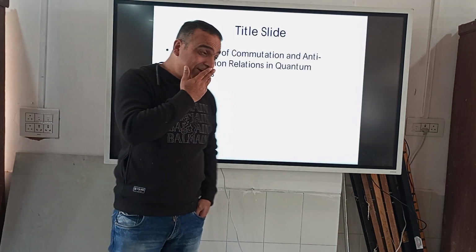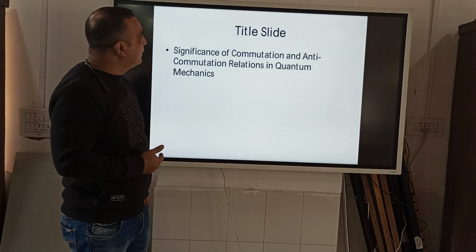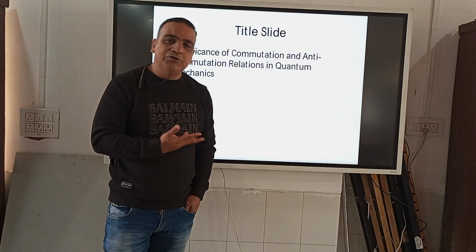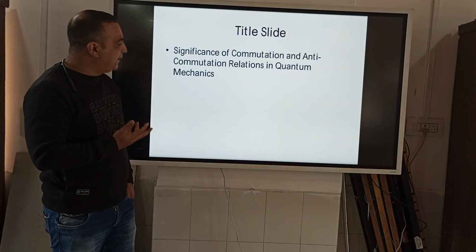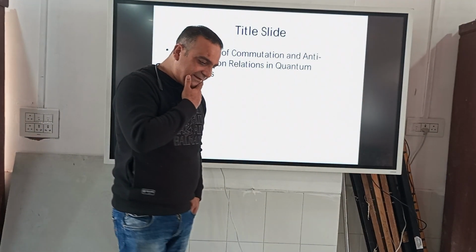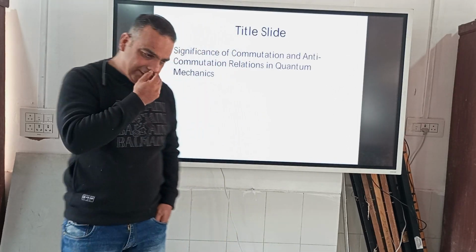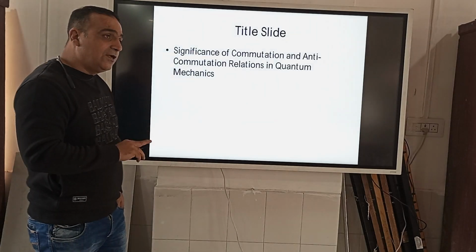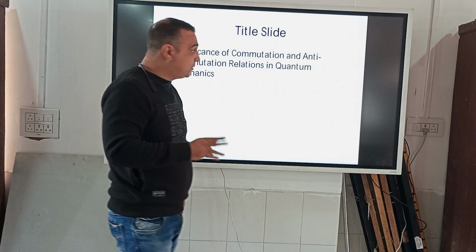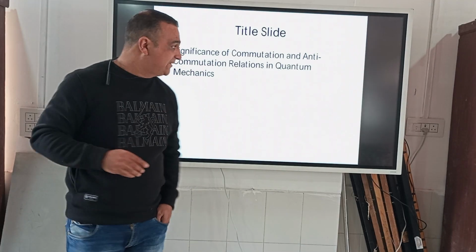But before going into the mathematical derivation, let me introduce you to commutation and anti-commutation, and let's get an idea about the commutation and anti-commutation between two physical quantities, between two operators generally in quantum mechanics.